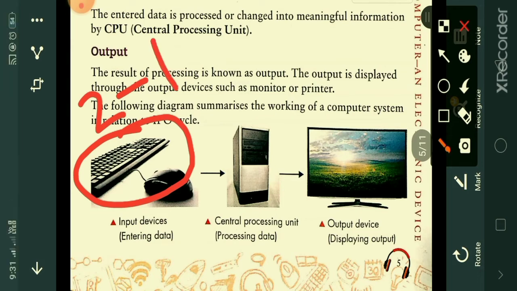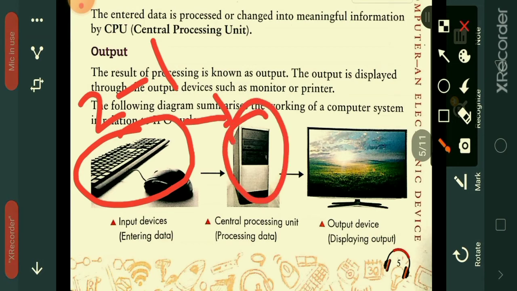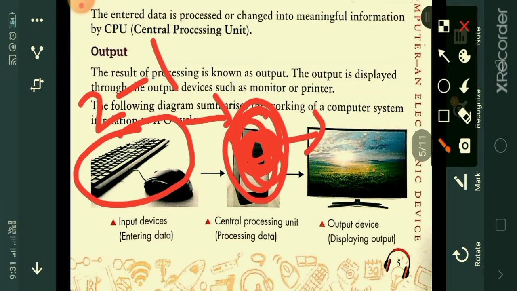Then this 2 minus 1 goes to your CPU to process, to get the result. It processes here in the CPU. Finally, once it is processed, you will get the output on this monitor. 2 minus 1 is 1. So this is how our computer follows the IPO cycle.